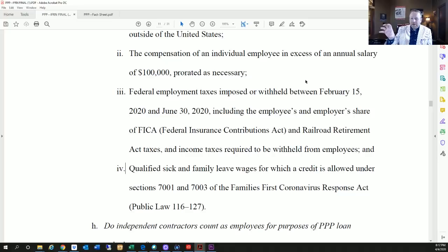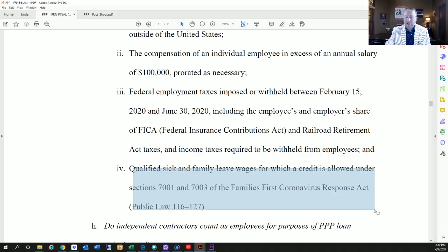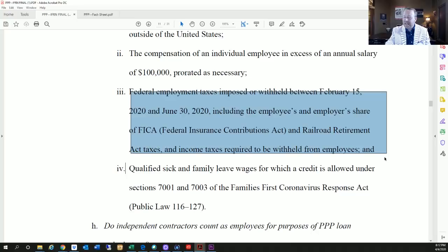It's just these two things go together. You have to define what the credit went against to know then what it offset, right? So if it's saying here, okay, qualified sick leave in which there was a credit allowed, well, the credit was allowed and offset against that.